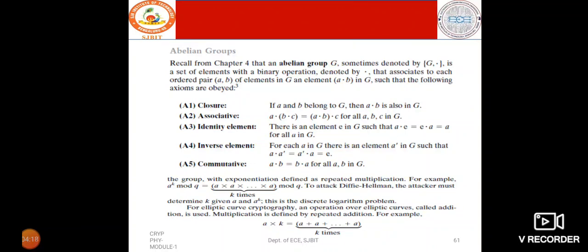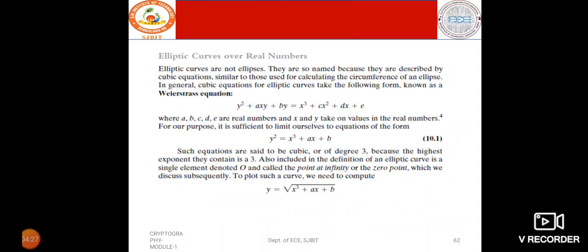Before looking at this, let us consider elliptic curves in which the variables and coefficients are real numbers, as this case is perhaps easier to visualize. Elliptic curves are not ellipses. They are so named because they are described by cubic equations, similar to those used for calculating the circumference of an ellipse.